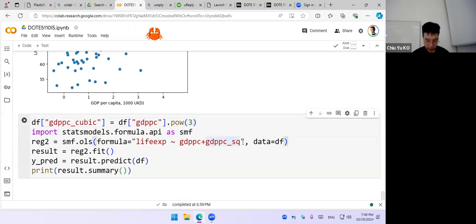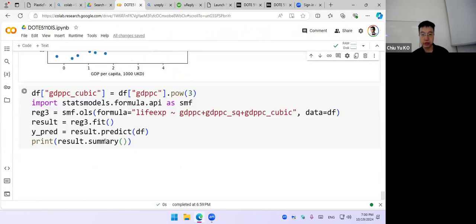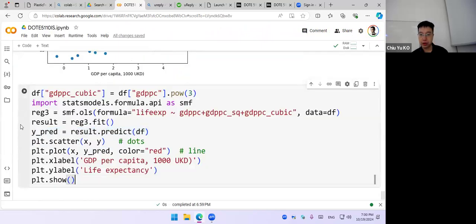And then you can add another term, GDP PC cubic, and call it 3, right? And then I don't care about the regression result, but I just want to look at the graph. So basically I allow myself to go crazy. Of course you can go as many as you like, right?